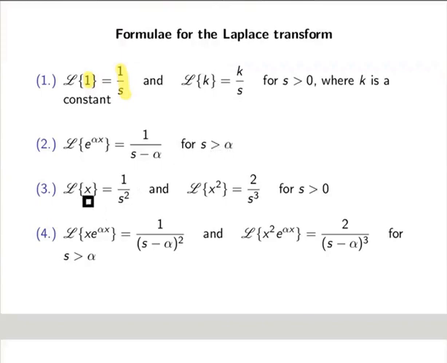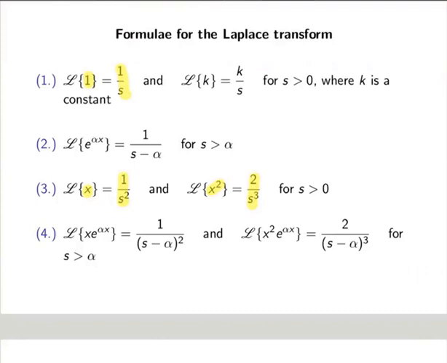We didn't do this, but it turns out the Laplace transform of x is just 1 over s squared. But the Laplace transform of x squared is 2 over s cubed. There are formulas for the Laplace transform of x cubed or x to the 4, etc. But for now, we only need these two. Then we have the Laplace transform of x times an exponential, say x e to the alpha x, which is 1 over s minus alpha squared, etc.